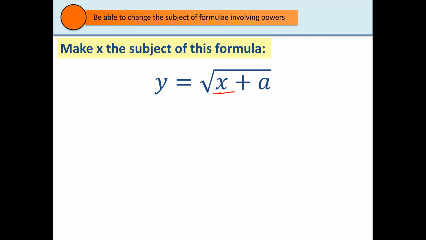So let's square both sides. Squaring the left side will give you y squared, and the square root of x plus a, if you square that, the square and the root cancel out, and that leaves us with x plus a. All you have to do is get rid of the a from both sides, so minus a. Okay, y squared minus a is equal to x.